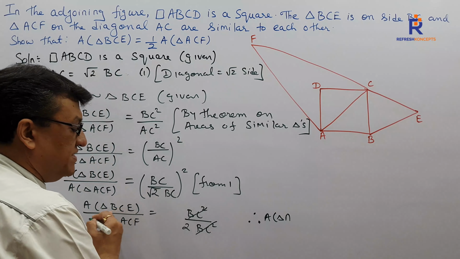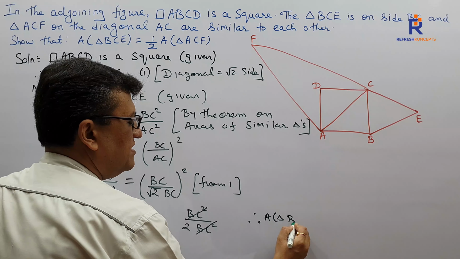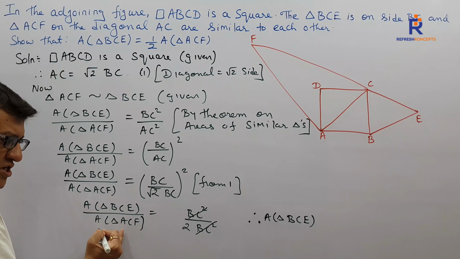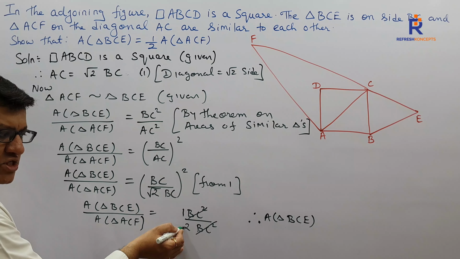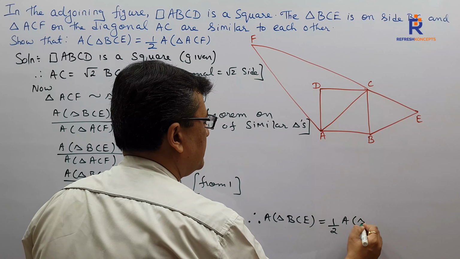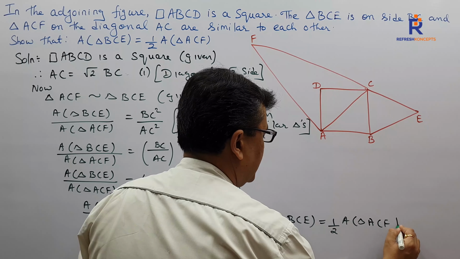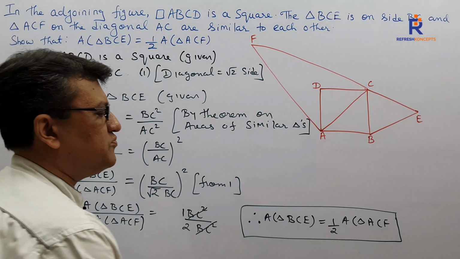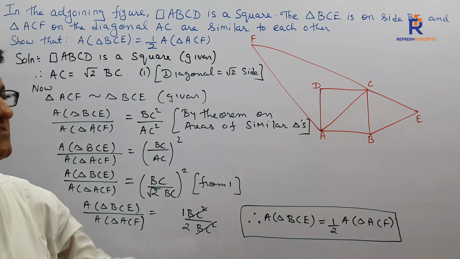Area of triangle BCE upon area of triangle ACF is 1 by 2. I shall cross multiply ACF over there. I am left with 1 by 2, which is half the area of triangle ACF. That is what we wanted to prove. Area of triangle BCE is half the area of triangle ACF.